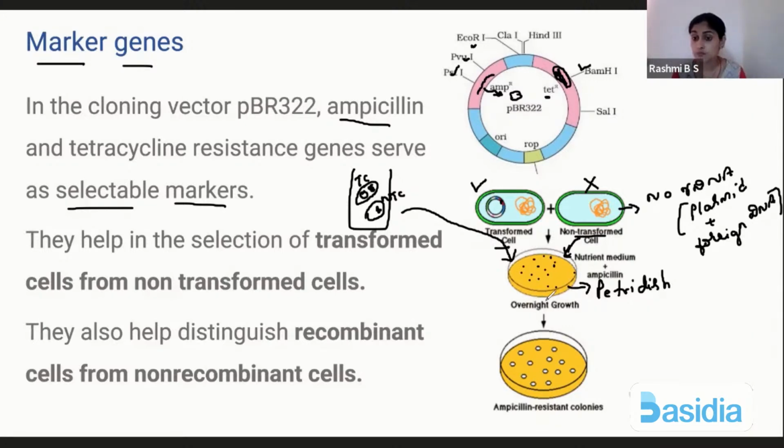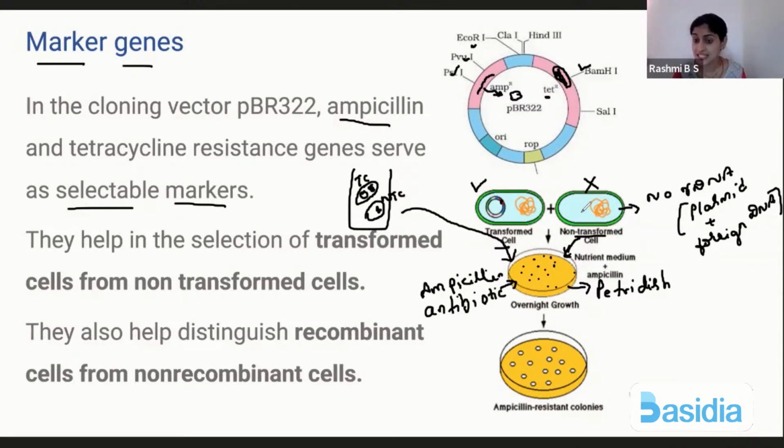And to this petri plate, I have added ampicillin, an antibiotic. Ampicillin is an antibiotic, right?